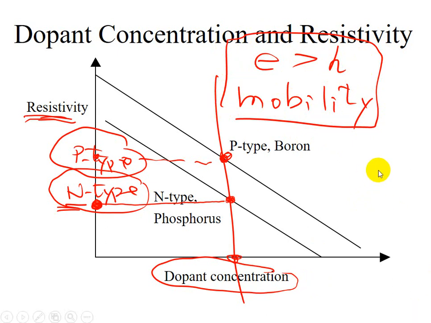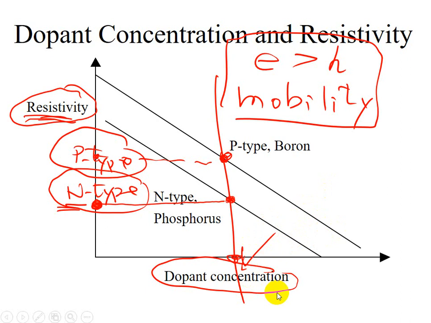So now you know the concept of how to control the conductivity or the resistivity, because it's a reciprocal property, reciprocally related to the conductivity. So now you have the concept. You can control the resistivity by way of different dopant concentration.